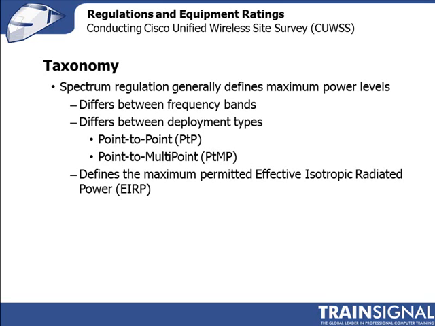Now, when we talk about regulators regulating the power levels, what they're regulating is the emitted power from the antenna, and that emitted power from the antenna is called the effective isotropic radiated power, the EIRP as we refer to it. And so we're going to talk about what the EIRP means, and we're going to go through an example of how you would calculate it.